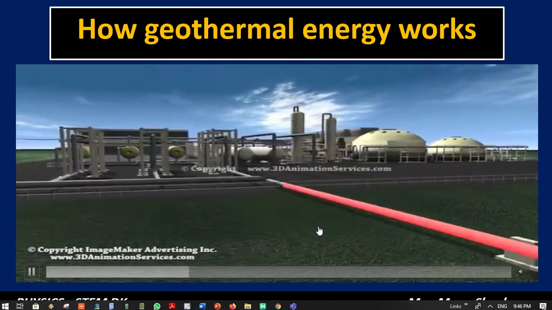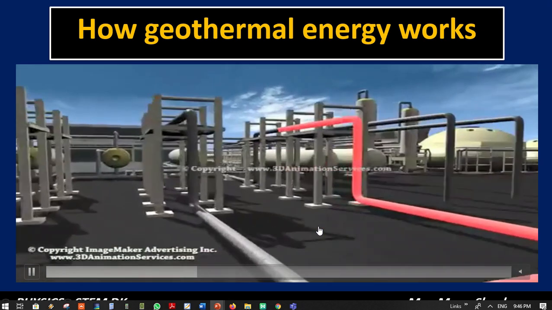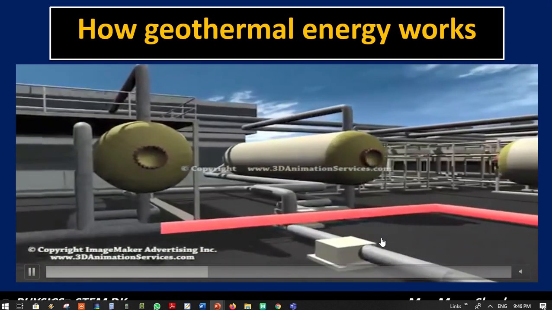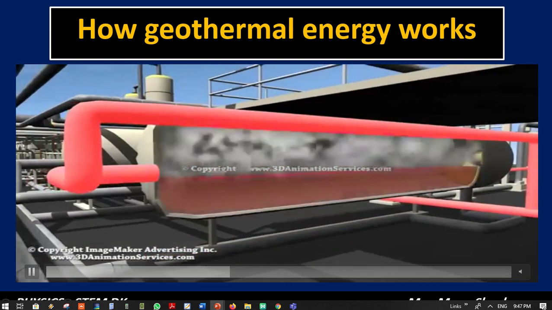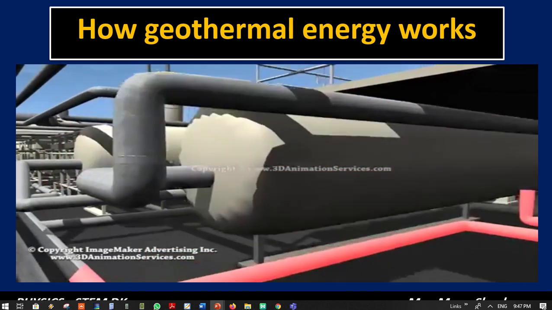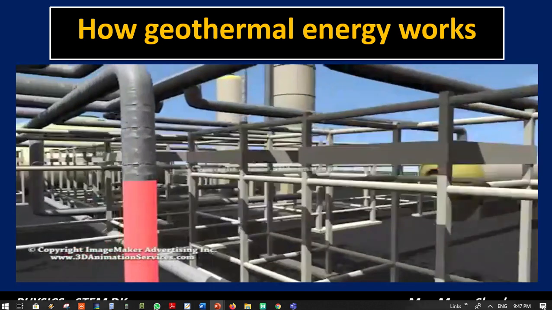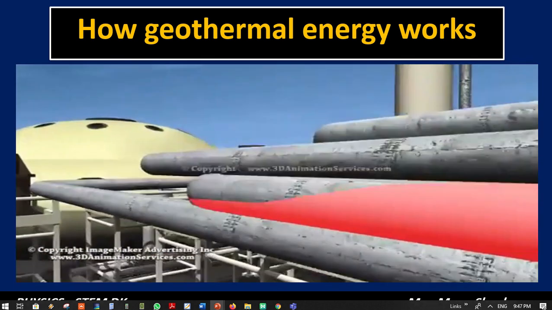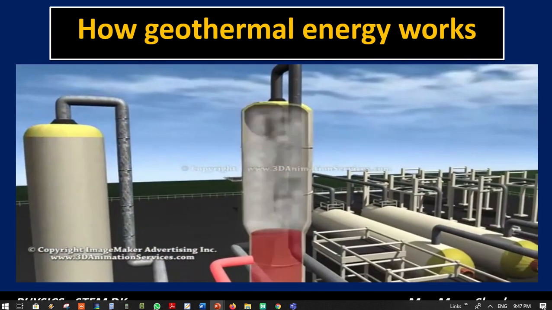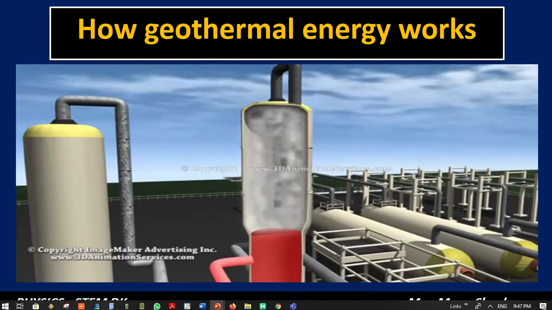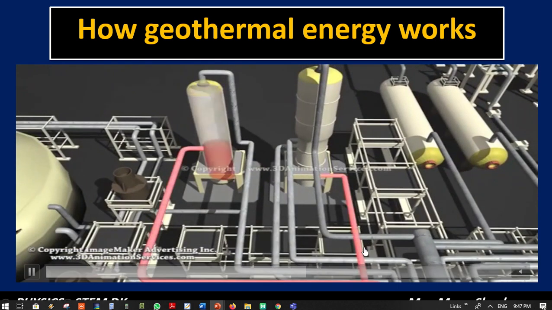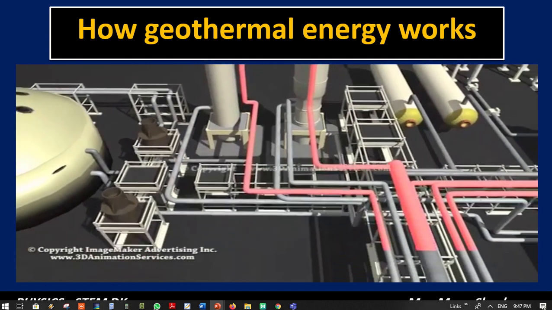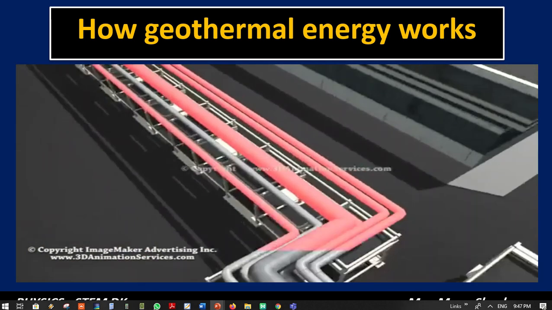Its amount is very small, so it forms steam, and most of the fluid evaporates and produces steam of high pressure. This steam is then sent to turbines. These turbines will spin generators and produce electricity.